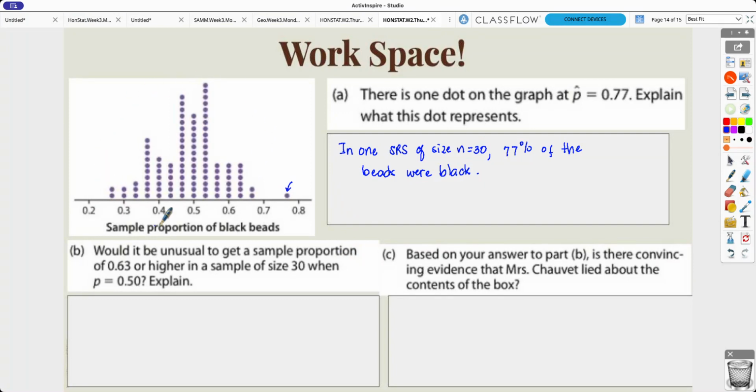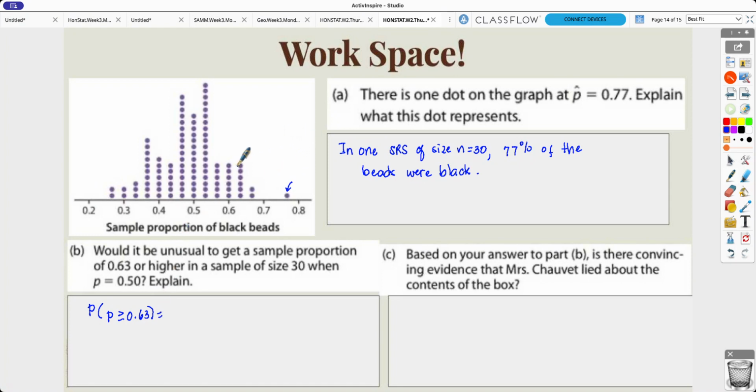Second, we have the simulated sampling distribution. Now the third one, we have to calculate the probability. So we want to find the probability that we will get a sample proportion of 0.63 or higher. Let's write it down in notation: the probability that the sample proportion is greater than or equal to 0.63.